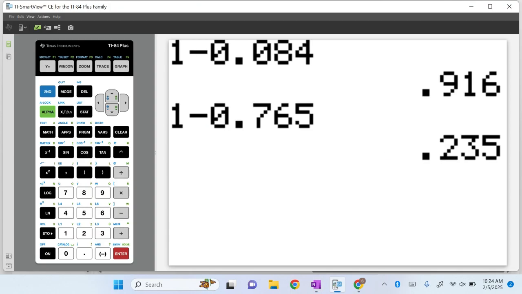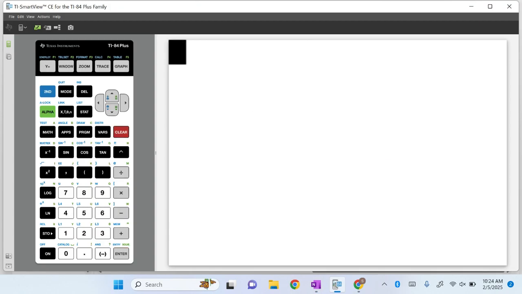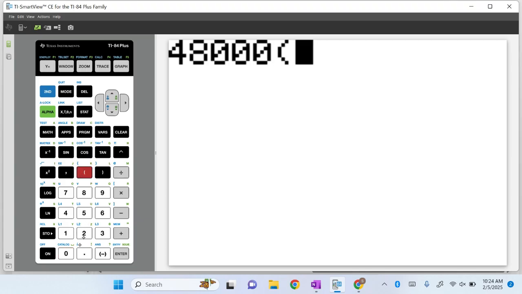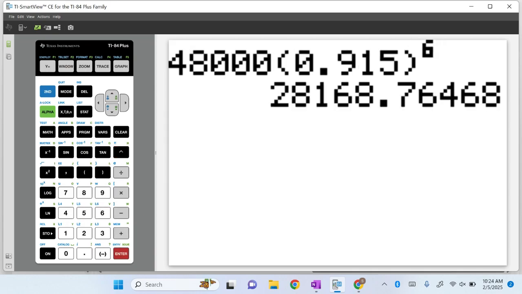All right. So I'm just going to quickly plug it in. 48,000 times 0.915 raised to 6. So we're just rounding up. We're using the decimal place here to round up so that we get rid of the decimal place.